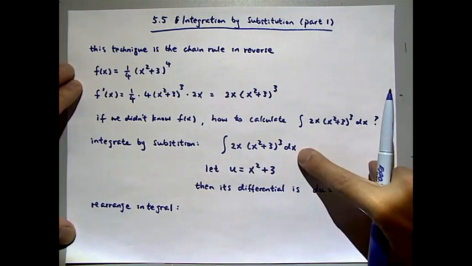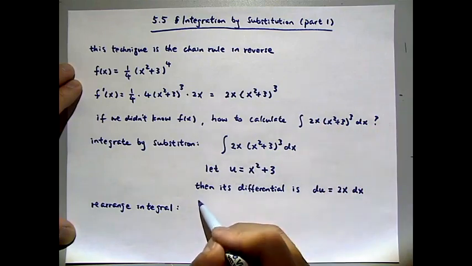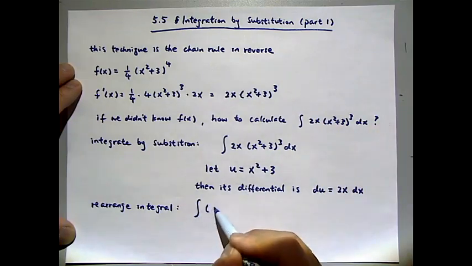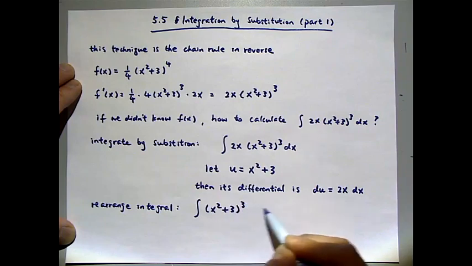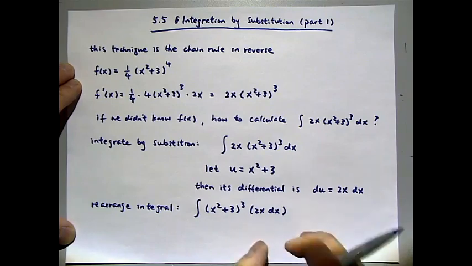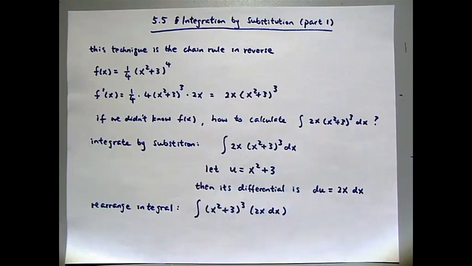Now I take this thing here and rearrange it just a little bit. Everything inside the integral is multiplied, so the order is irrelevant. I can move things around any way I want. So I'm going to choose to write (x squared plus 3) cubed here, and then group together 2x and dx into some other group.